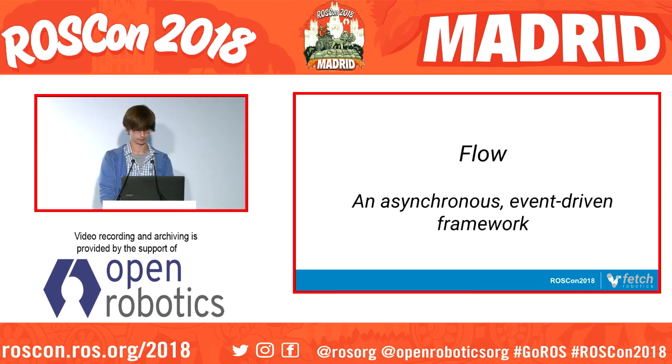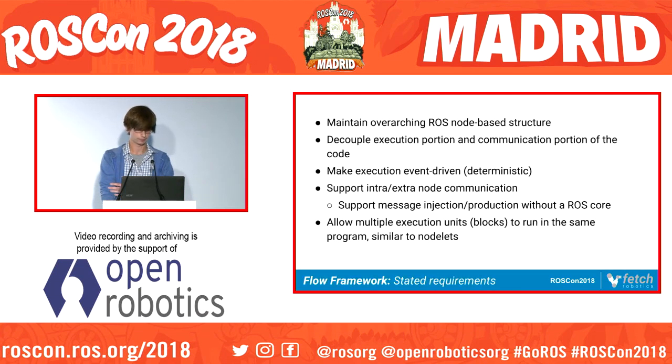And so to answer this question, the manifestation of the system that we use, we've called it Flow. It's a framework whose backbone is driven by an event-driven, message-driven system.